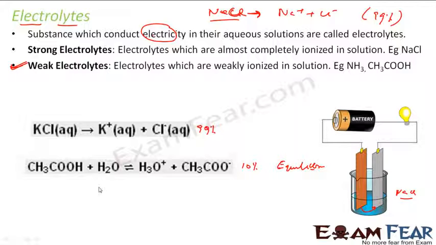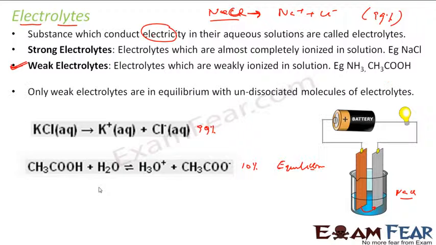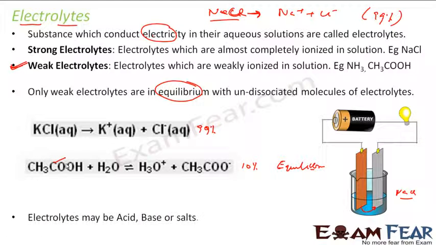So we'll be focusing more on weak electrolytes. Please note, only weak electrolytes are in equilibrium, because only a small fraction of the electrolyte gets ionized. And please note, the electrolyte may be an acid, base or salt. So we'll learn more about acid, base and salt.